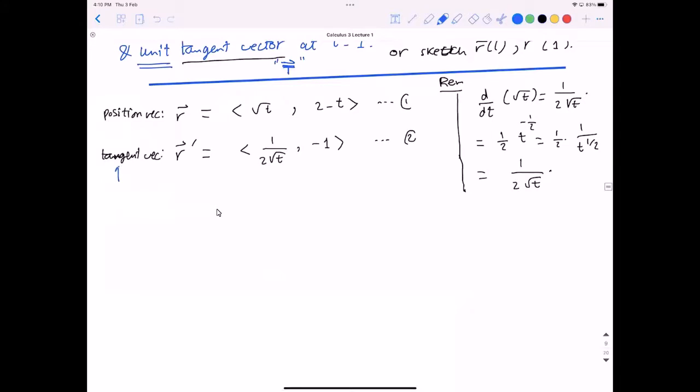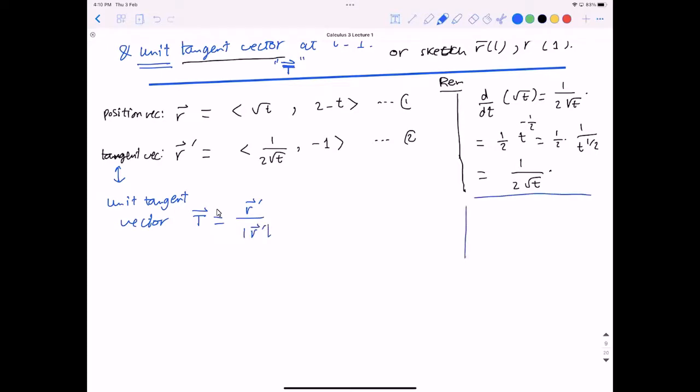From the tangent vector, we get the unit tangent vector. Unit tangent vector is capital T. It is R prime over the magnitude of R prime.